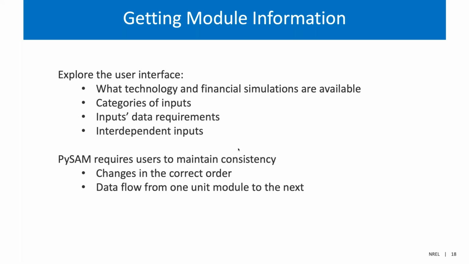The GUI also helps clarify what the input data requirements are. Is it a float? Is it a string? Is it an array? And a very important part is that it maintains consistency among interdependent inputs in the GUI. So the UI will highlight and alert users to inconsistencies between interdependent inputs.